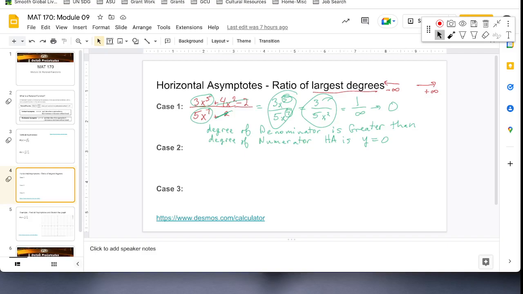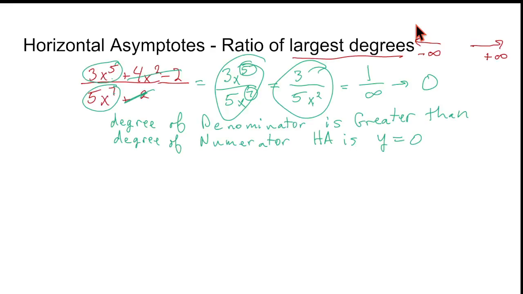The next case that we could take a look at, case 2. So we've got the denominator is larger. How about what happens when the numerator is larger? So we could use kind of the same.